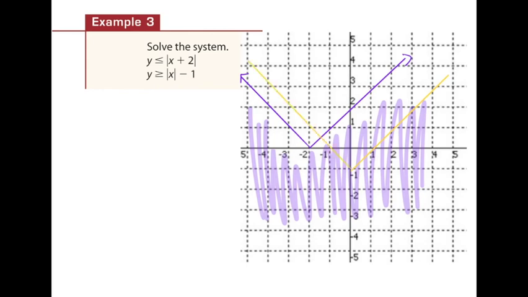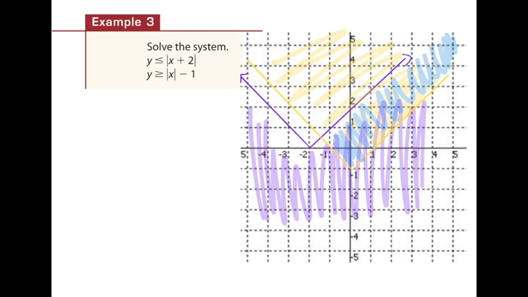You can have it with 2 absolute values. You can have it with an absolute value and a line. In this case, I'm going to shade everything above this line, or this V. So it looks like this. Everything here is shaded. And you'll notice I have a crossover section right here that goes on infinitely that way, but that would be my answer, where those crossover.